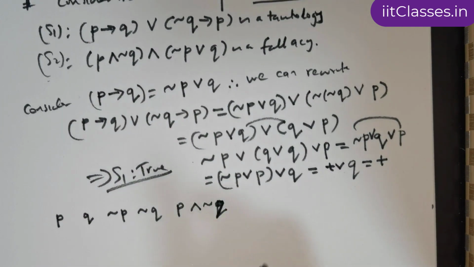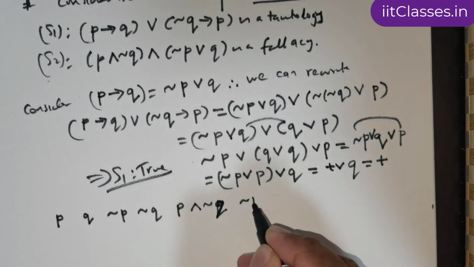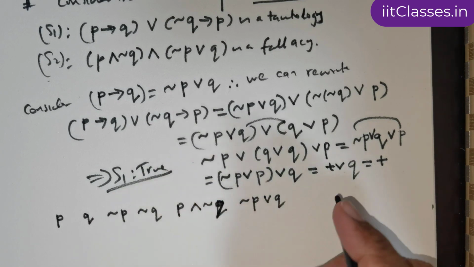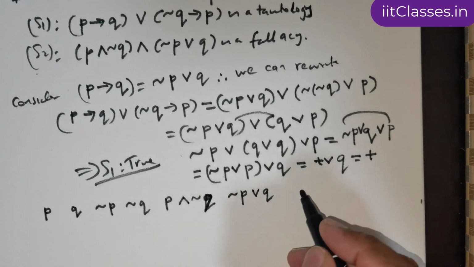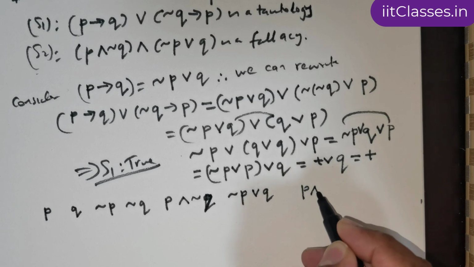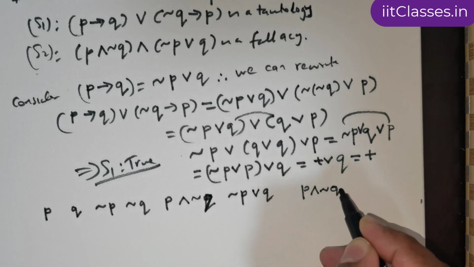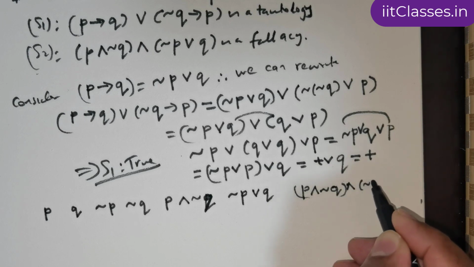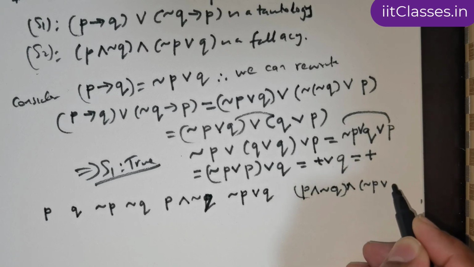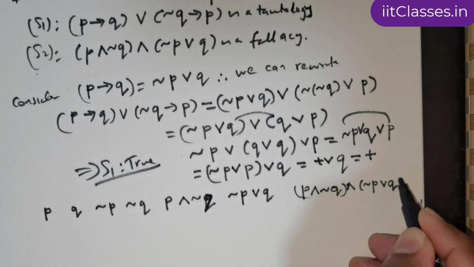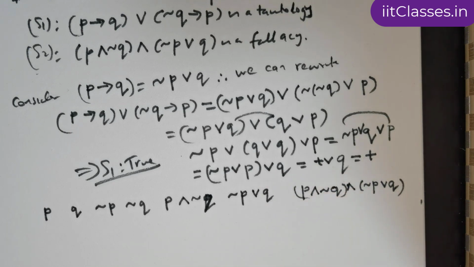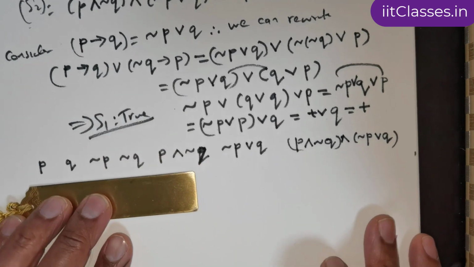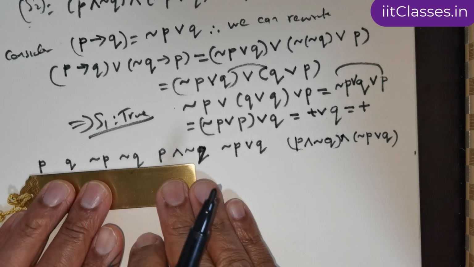And then followed by negation of P disjunction Q, and then finally we are going to have P conjunction negation of Q, conjunction with negation of P disjunction Q. So we got to see if it is a fallacy or not. So I'm going to use the truth table for a change.